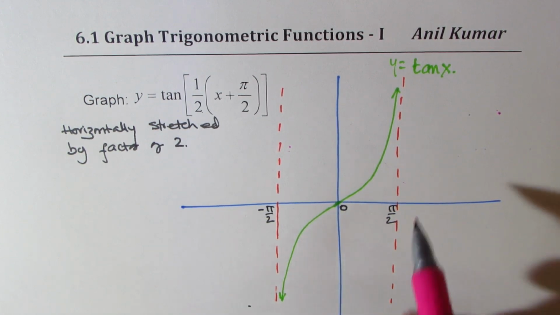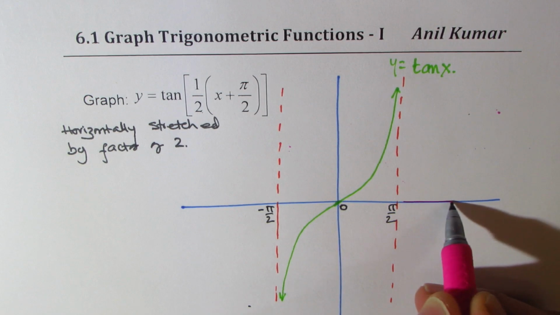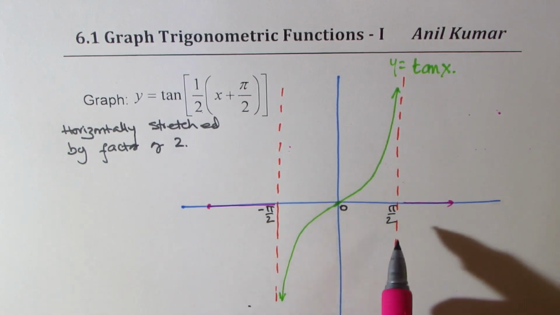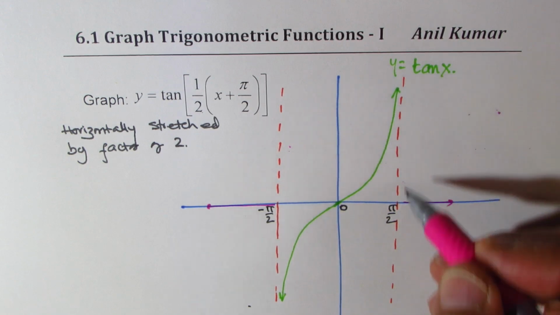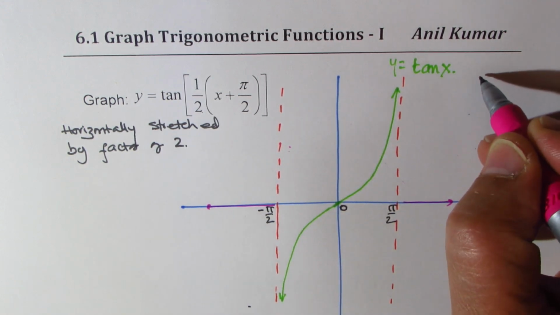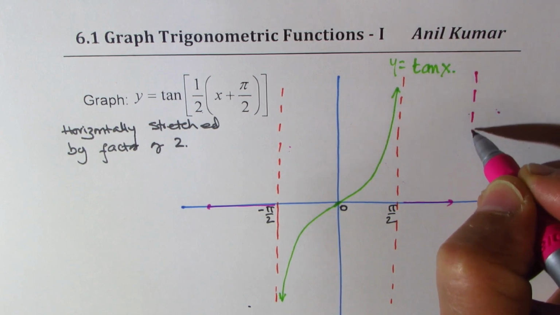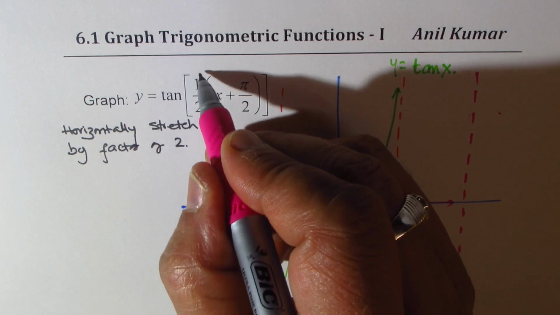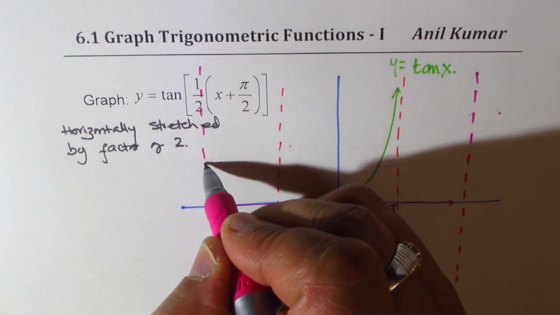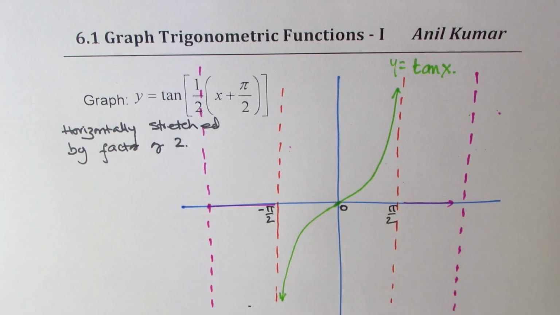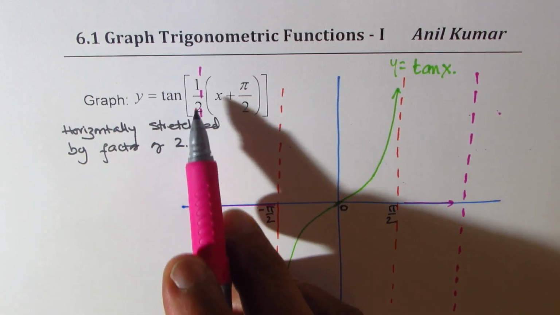So what really happens is that these vertical asymptotes now will move outwards. Right? So instead of having these vertical asymptotes at pi by 2, we'll have them at pi. So let me show you here. So we're kind of going in steps so that later on, when we incorporate many transformations together, we don't have difficulty, right? So that is what it means.